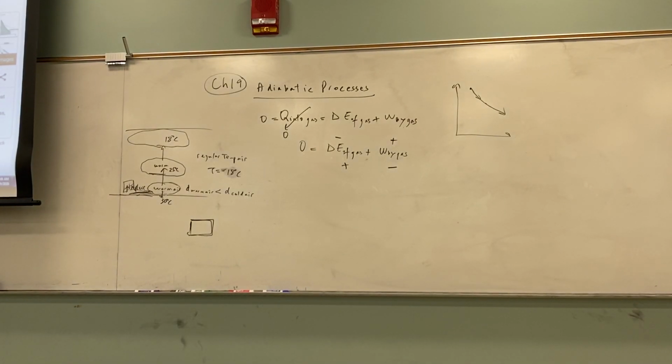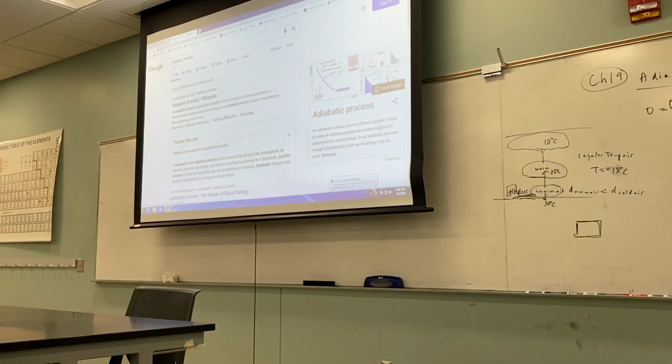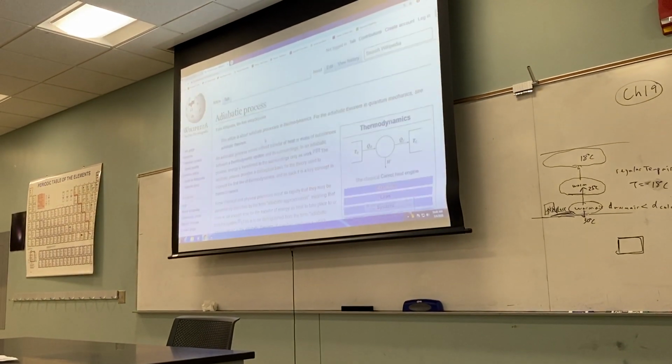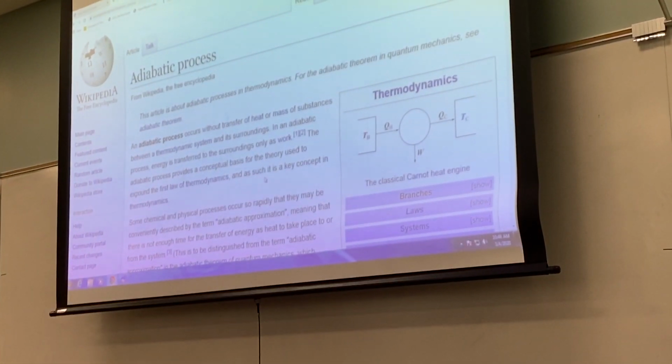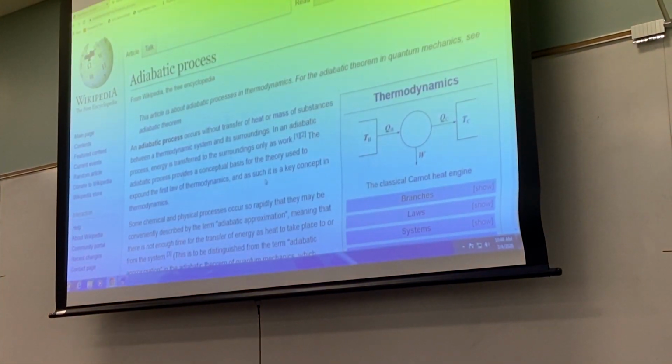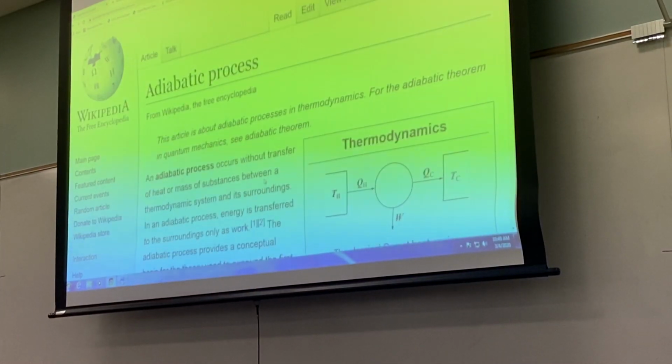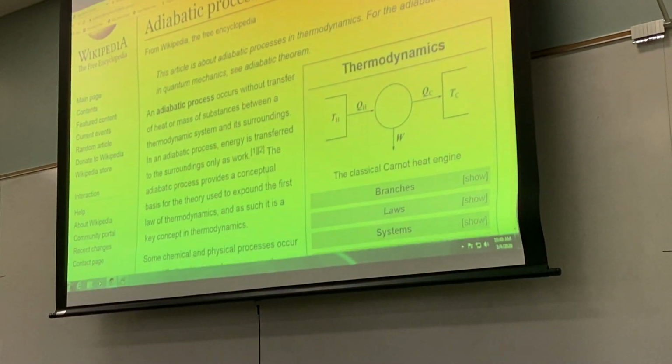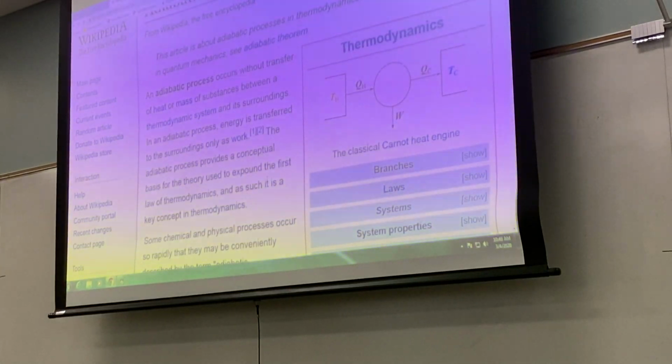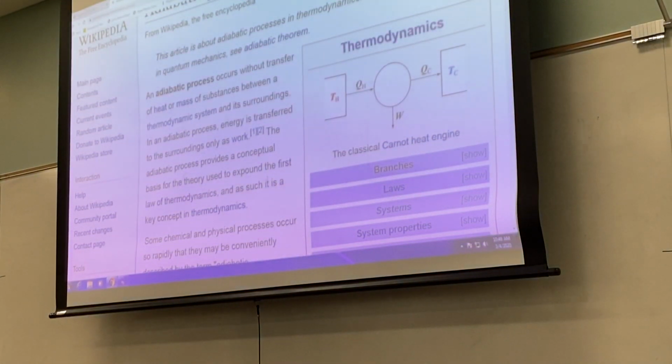Another example is when an interstellar gas cloud expands or contracts. Adiabatic changes are usually accompanied by changes in temperature. The adiabatic process occurs without the transfer of heat or mass of a substance between the thermodynamic system and its surroundings.